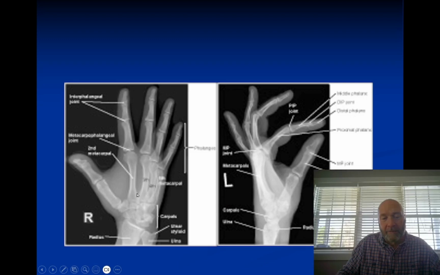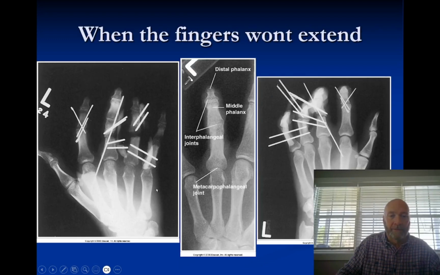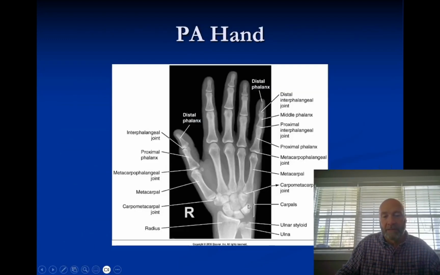What we get is a little bit of a decrease in the proximal portion of the metacarpals between the second and third metacarpal. But look at what happens on the medial side of the wrist, on the pinky side of the wrist, on the proximal end. We get a pretty good increase in superimposition. I'm going to scroll back up to the PA projection so that you can see what I'm talking about.